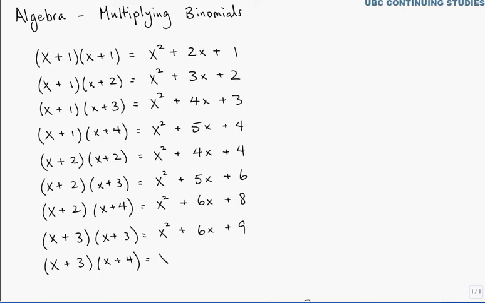X plus 3 times x plus 4, x squared plus 7x plus 12.